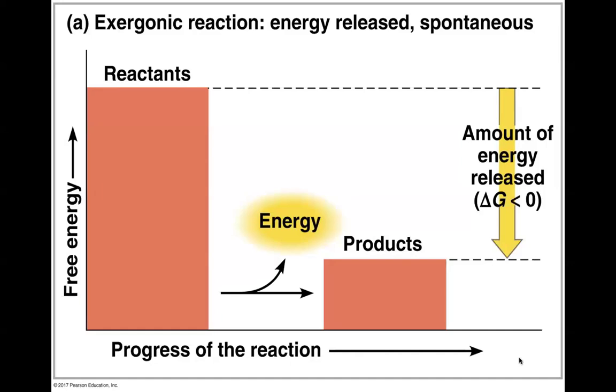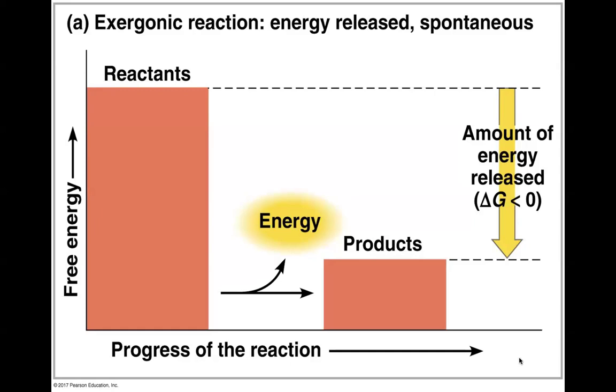Let's take a look at what those reactions look like on a graph. This graph here represents the free energy on the y-axis, which would be referred to as your G value. And on the x-axis, we have the progress of reaction. Usually that means with respect to time.